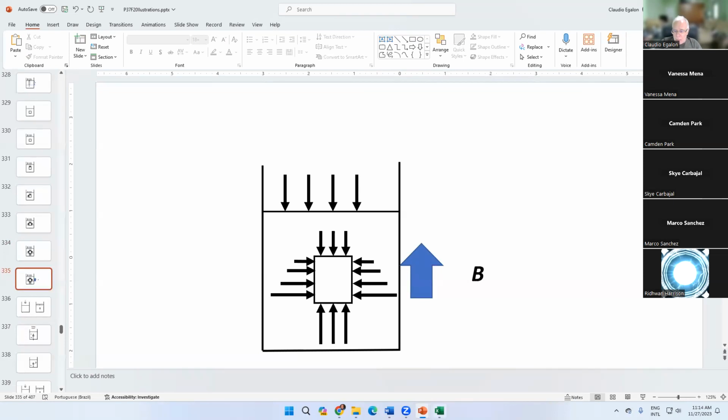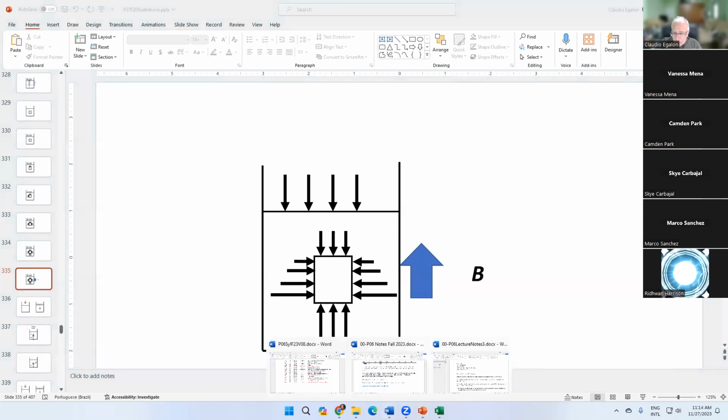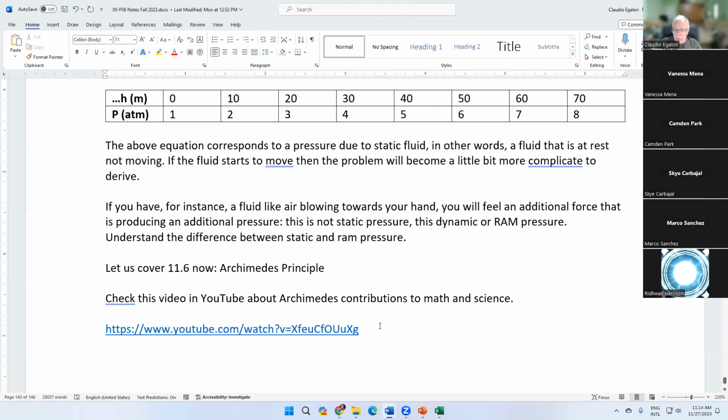And then there is more. Let me write it down, right? So I document that for you. Remember that pressure increases with depth, right?